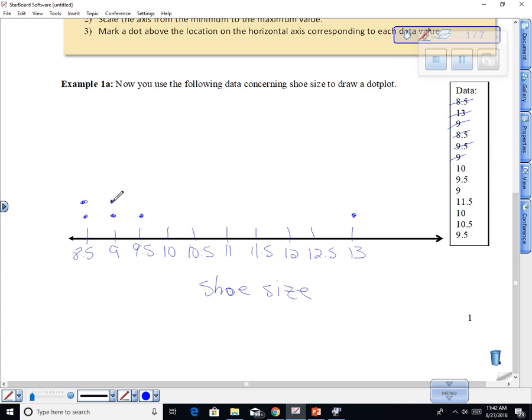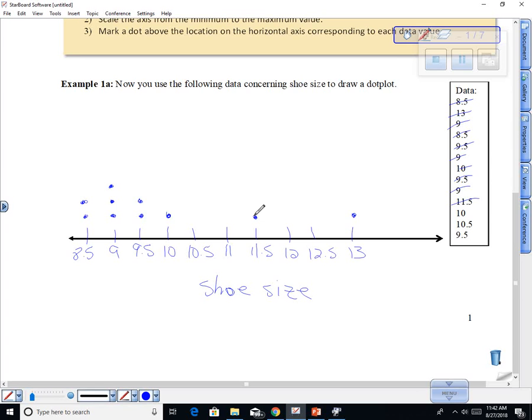Does that make sense? And then 10 and 9.5, so 10 and 9.5. And then 9 and 11.5, so 9, I start my third row, and 11.5, I want to line it up with the first row there.